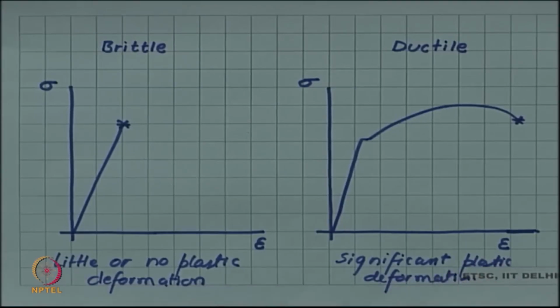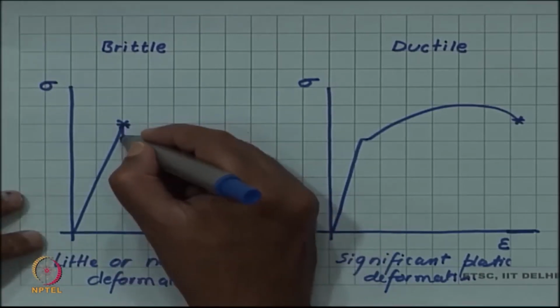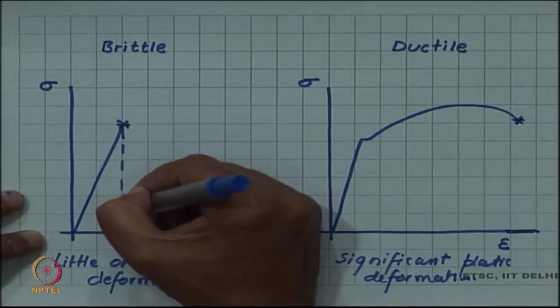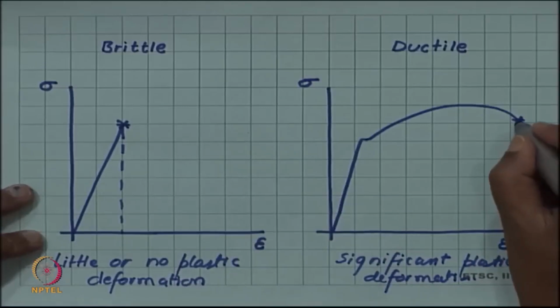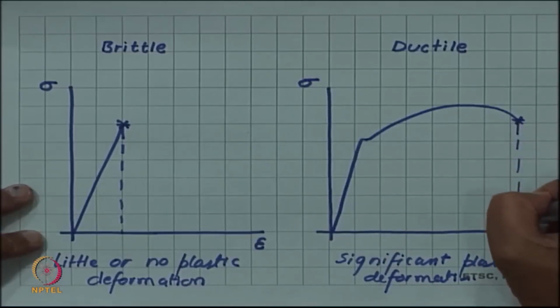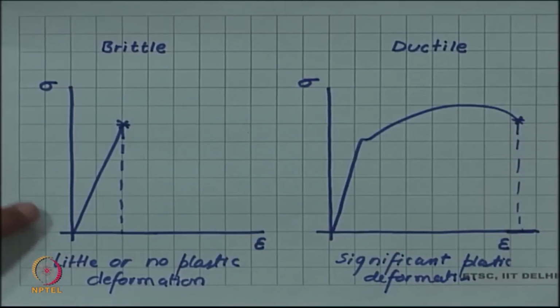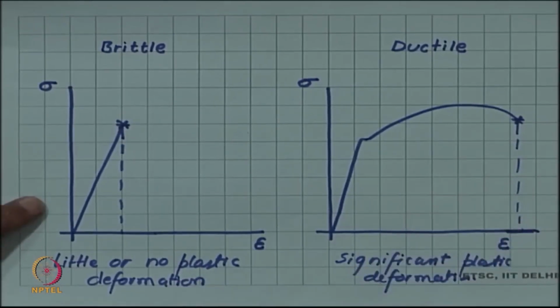If you look at it in terms of energy, we see that energy is the area under the curve. Energy absorbed for fracture is the area under the curve, and that area will be significantly larger for a ductile material than for brittle material.